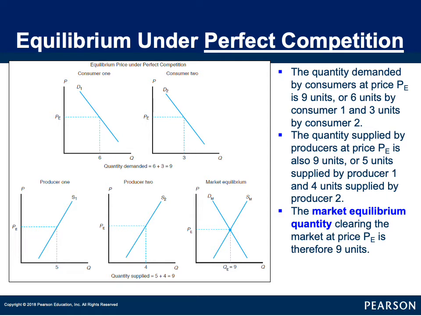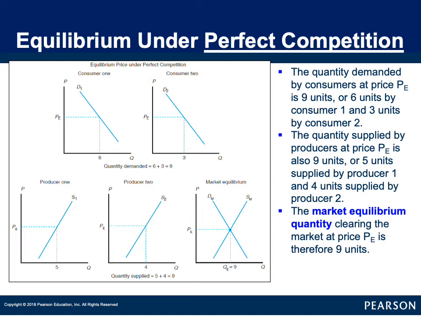So in perfect competition, if we take a look at consumer number 1 and consumer number 2, when you add those two together, it will simply give us our overall market demand. And producer number 1 and producer number 2, when they are willing to provide products, it comes up with an area of equilibrium.